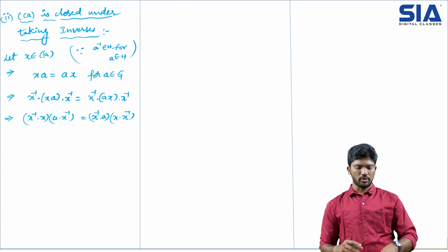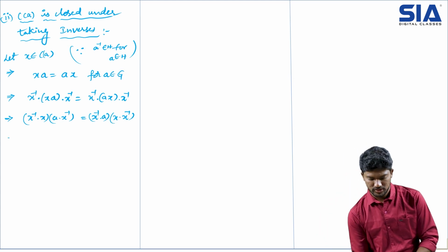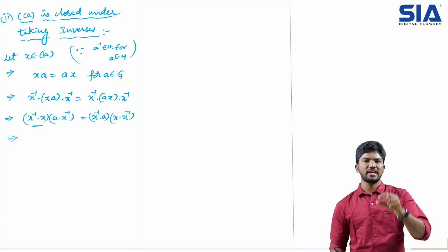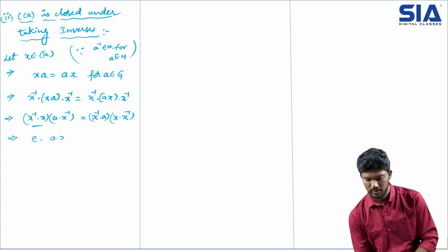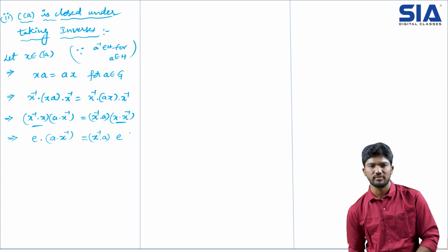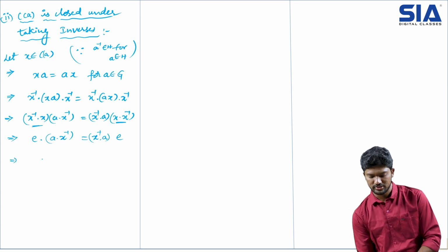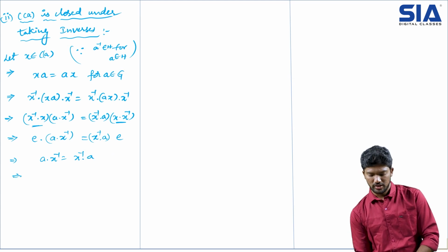By applying the associative property, we can separate the boxes into two products. Now by using the inverse property, you can write that value as identity, the rest of the word will be as it is, x inverse into a, and here also this value becomes e. So e into something, again you get something only. Therefore a into x inverse is equal to x inverse into a. So you can also write x inverse into a is equal to a into x inverse.